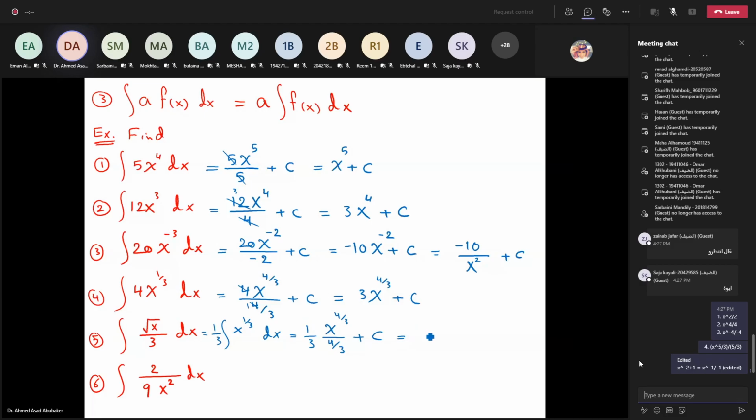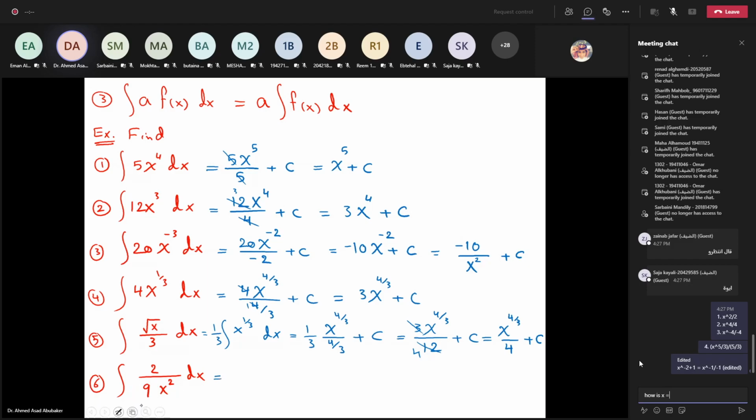Denominator of the denominator equals numerator, so we have 3x to the power 4 over 3 over 3 multiplied by 4, 12, plus c. If we simplify this one, we have x to the power 4 over 3 over 4 plus c, like this.